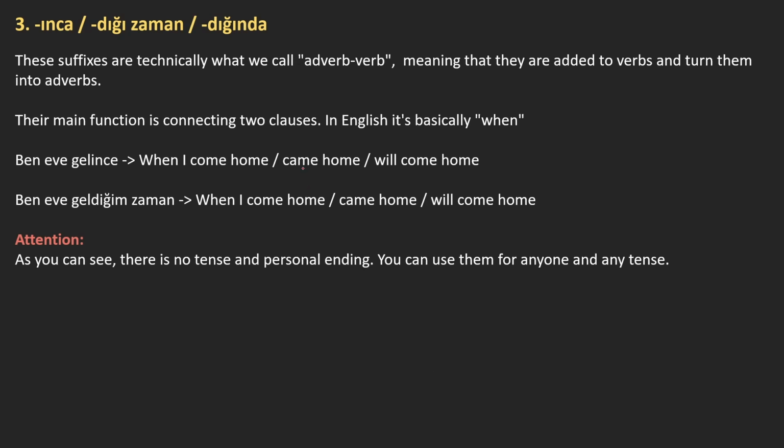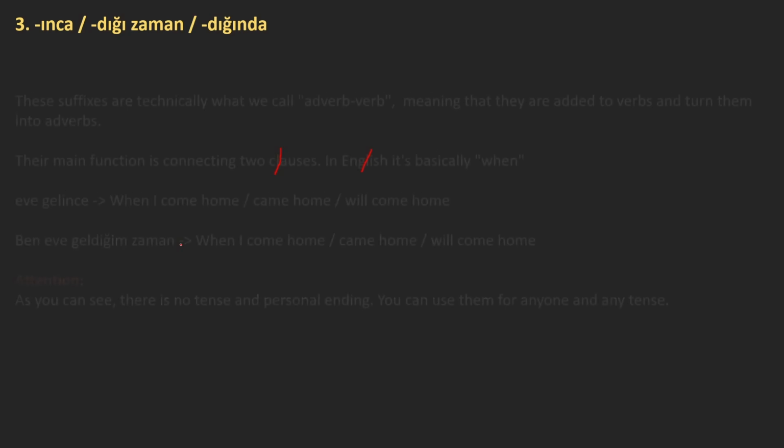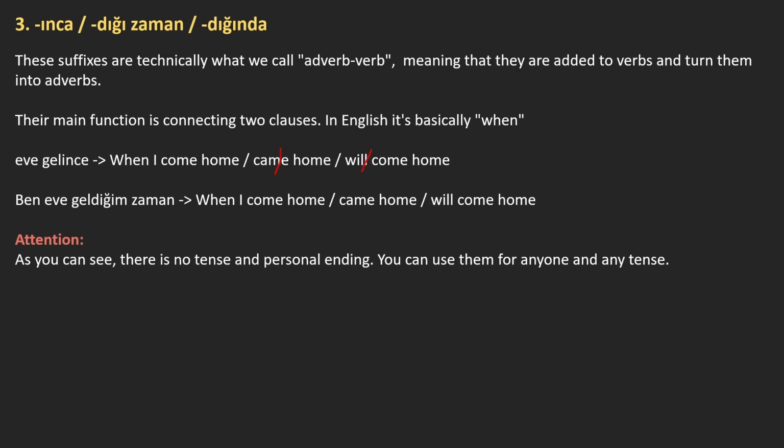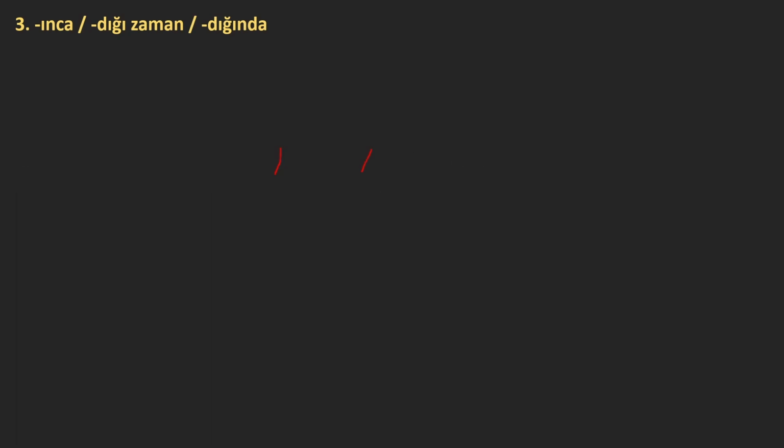And there's a trick here. I put these slashes here because, as the note says, there's no tense or personal ending. I mean, there is of course, but they're implied. There's no indicator. Ben eve gelince, I mean, even if I remove this, eve gelince, or eve geldiğim zaman.